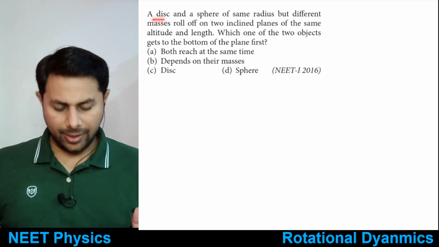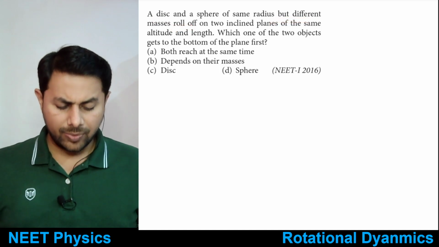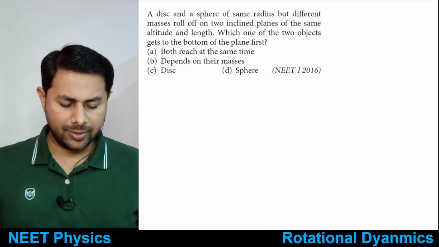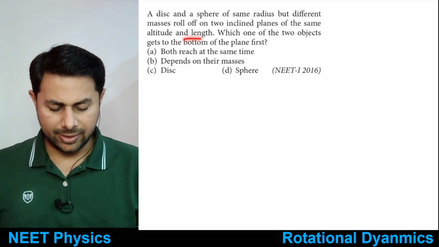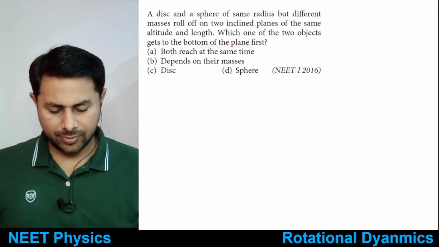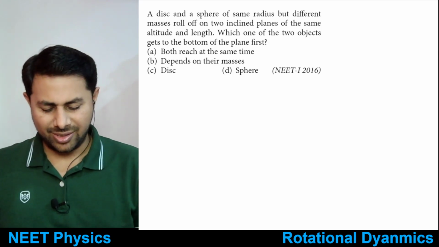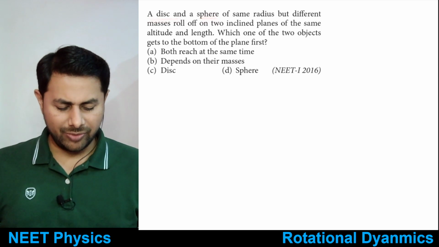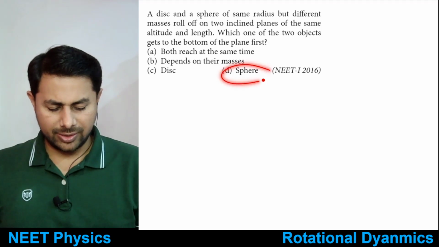A disk and a sphere of same radius but different masses roll off on two inclined planes of the same altitude, meaning same height and length. Which one of the two objects gets to the bottom of the plane first? It's a disk and a sphere. Which one will roll down first? I think we have solved this one earlier.